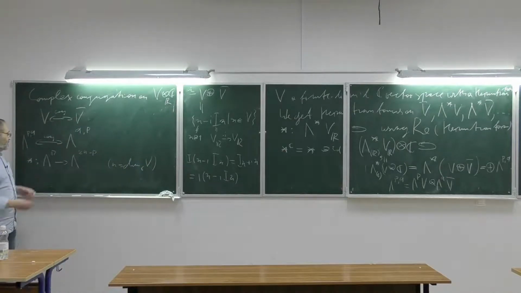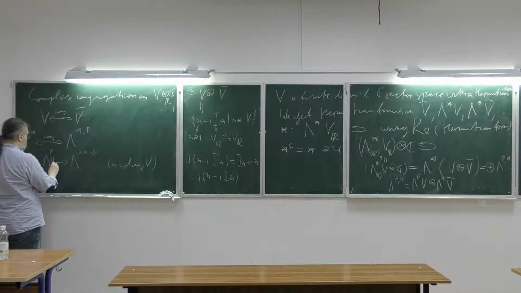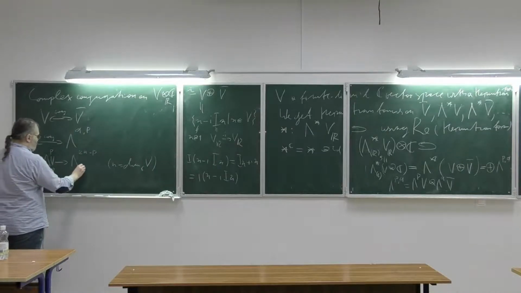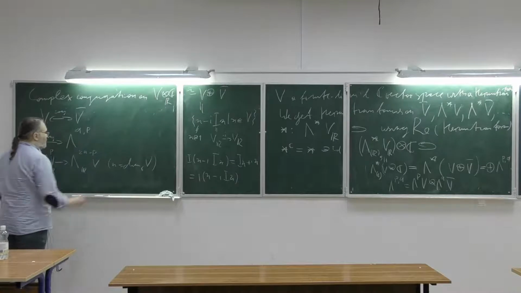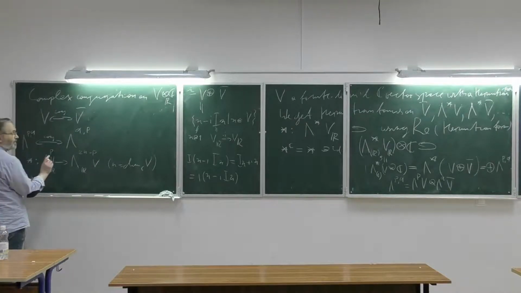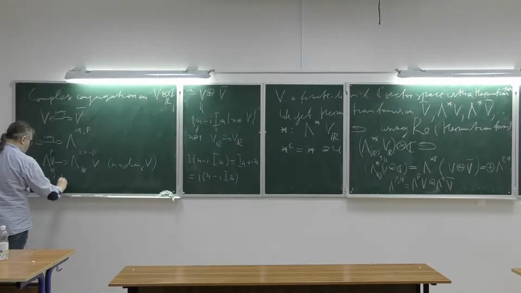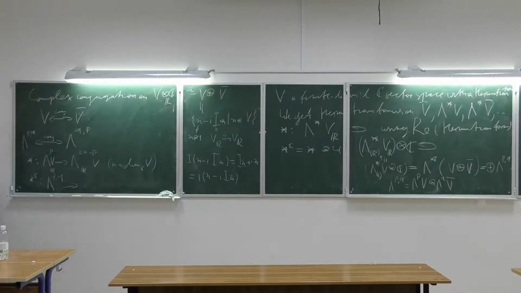The usual star takes lambda p to lambda 2n minus p. No surprises there. What about the complexified star? Where does the complexified star take lambda pq?